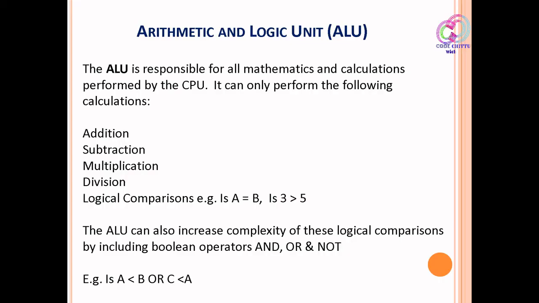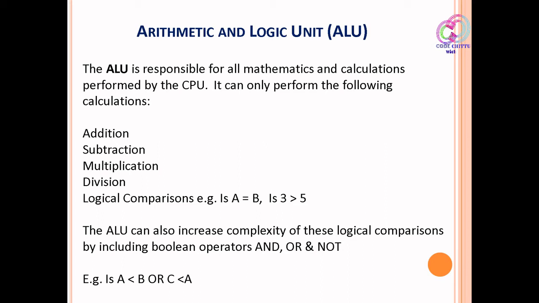Next one is the arithmetic and logic unit. As you know by the name, arithmetic means all the mathematical calculations, and the logic unit, as you already learned with logic gates, does the logical operations. Suppose any calculation has to be done in the CPU, the data will go to this unit, and any addition or subtraction, whatever mathematical calculation, will be done in this arithmetic and logic unit.